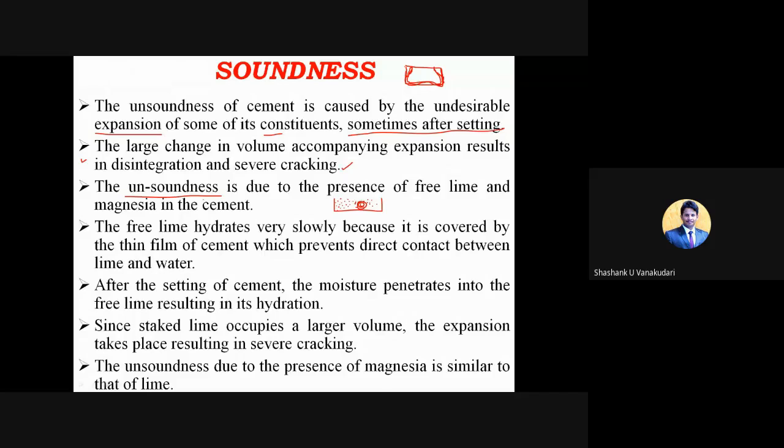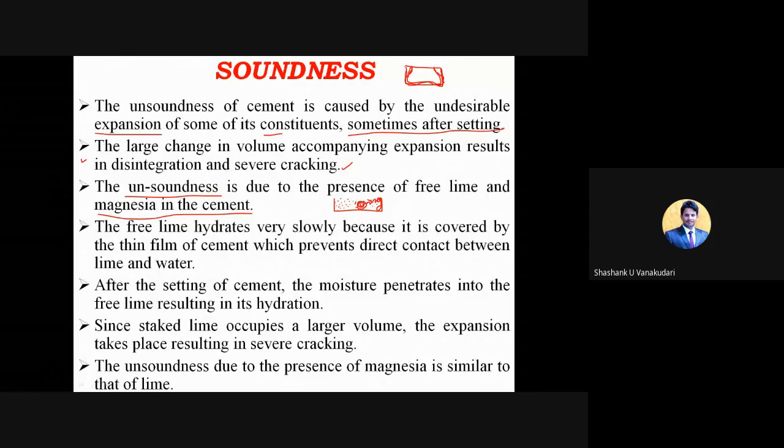And even the magnesia which is present in the cement. The free lime reacts with the magnesia (Mg) present in the raw material of cement, and then it forms this unsoundness. The free lime hydrates very slowly because it is covered by a thin film of cement, which prevents direct contact between lime and water.